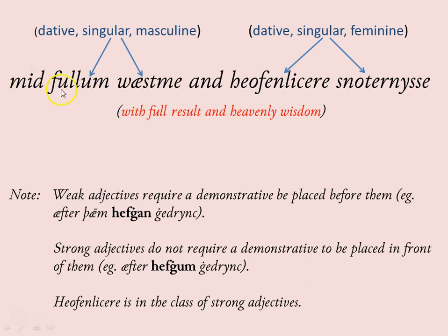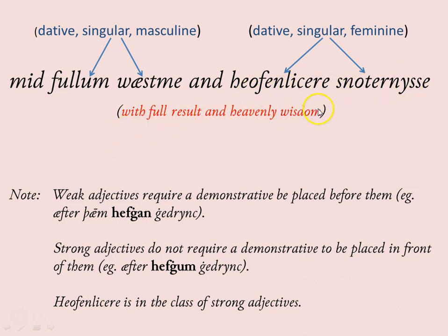So, with full result. And then over here, heofonlicere snotornysse is in the dative case, singular number, feminine gender. And so those two are connected together. They go together. They have grammatical meaning. Hence, they agree with each other. There's concord between them, and so they must be interpreted in that light. So in this case, heavenly wisdom.